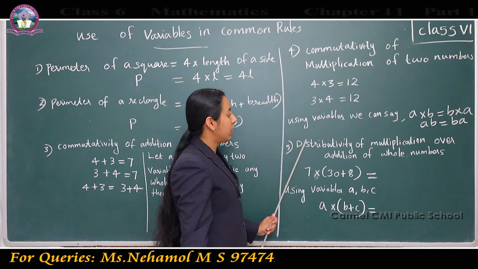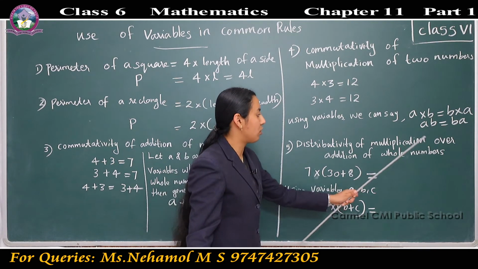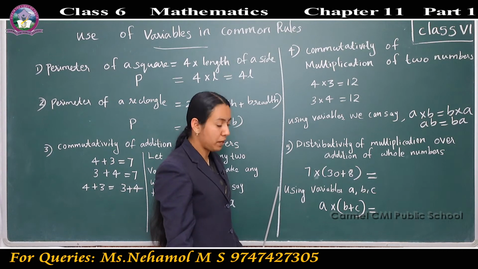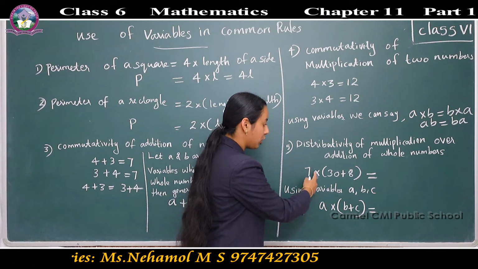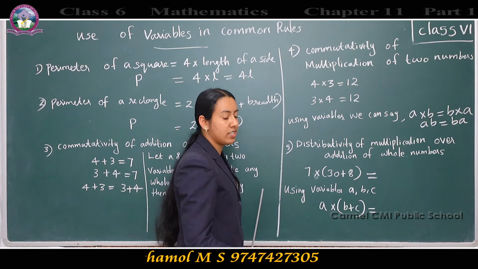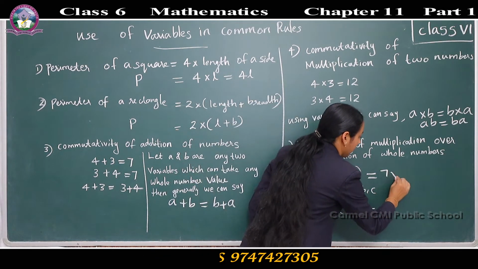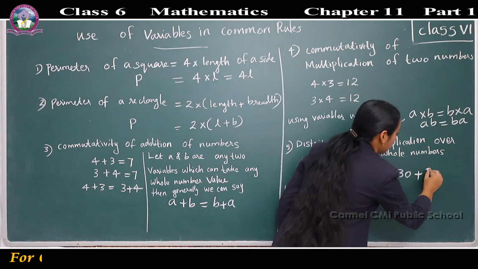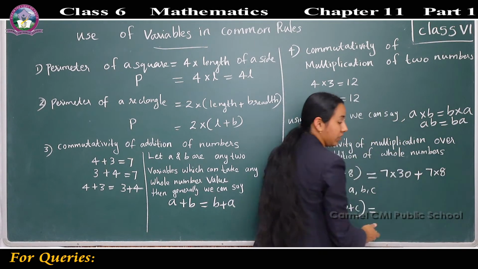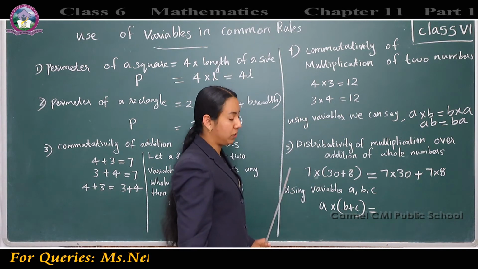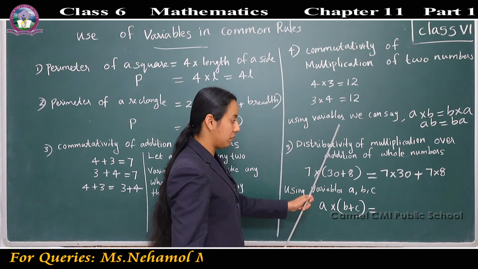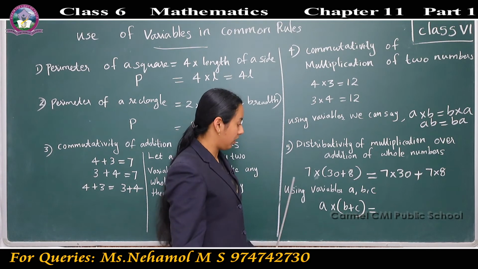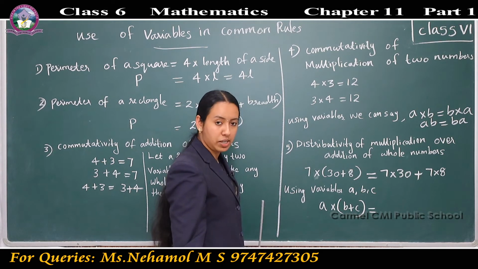Next one, distributivity of multiplication over addition of whole numbers. What is the distributive property? For example, 7 into 30 plus 8 is equal to 7 into 30 plus 7 into 8. We studied this one also. Then how can we represent this using variables?